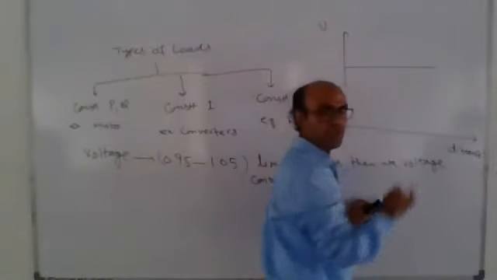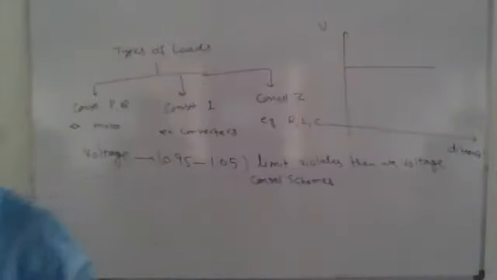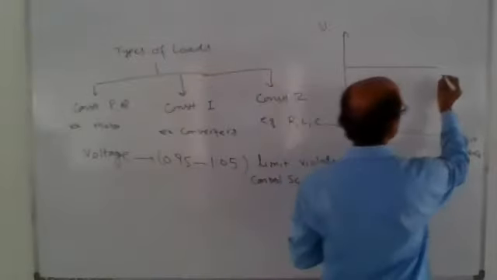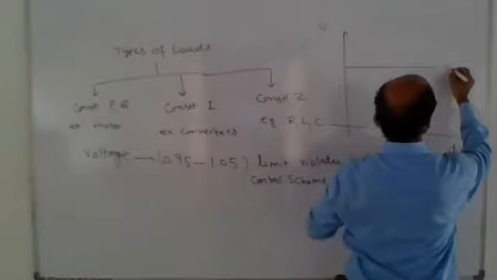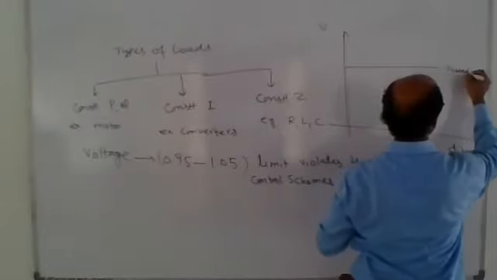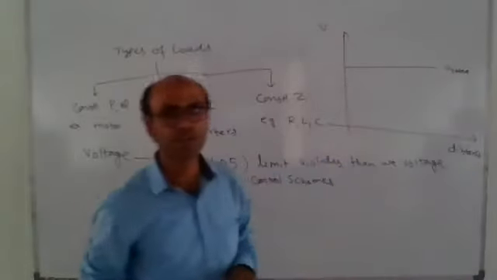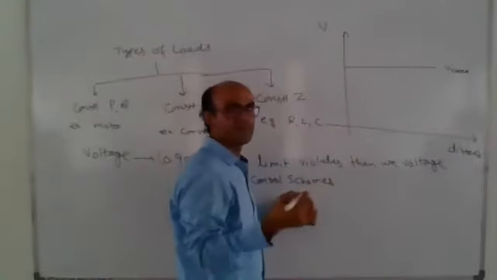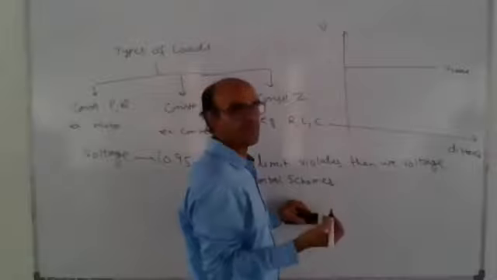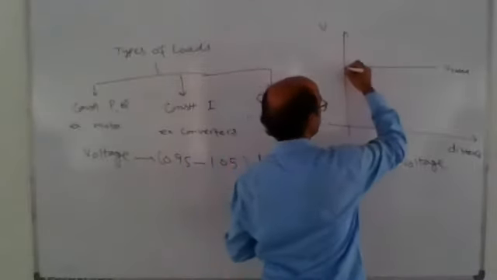This is normal loading. Flat voltage profile means surge impedance loading, or we can say this is at rated voltage. Whatever may be your rated voltage, it is maintained. And if there is an increase in capacitive effect, then your voltage will rise.